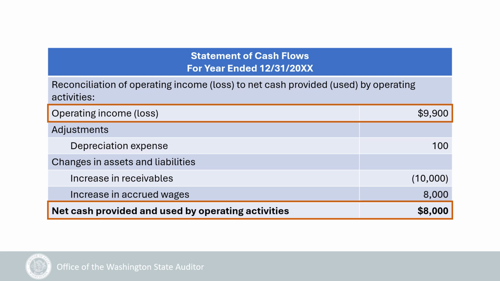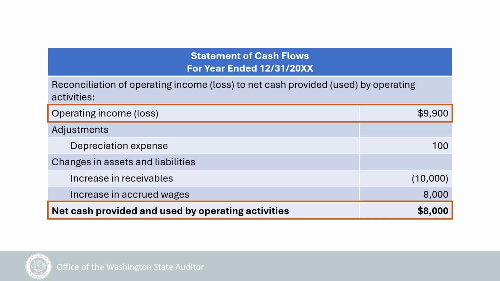Now comes the harder part, which is the accruals. In our operating income, we recorded $23,000 of revenue. However, we did not actually receive cash for all $23,000. Some of that revenue is actually from accounts receivable.